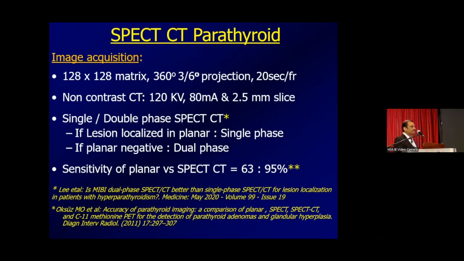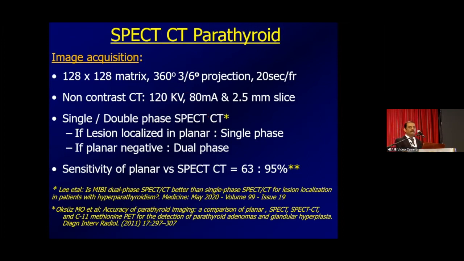Coming to the CT component, you don't really need to do a contrast study. You just need a non-contrast localization CT. It will be very interesting to understand whether you have a 2.5 mA, 30 mA, 40 mA or up to 80 mA. Any type of SPECT-CT equipment will be relevant in parathyroid imaging. Ideally, you do it with 30 to 40 mA X-ray.